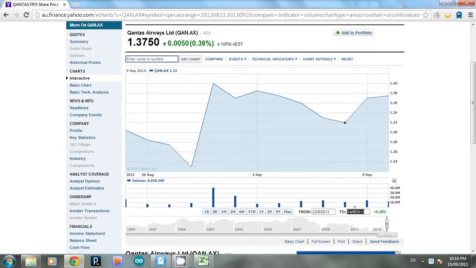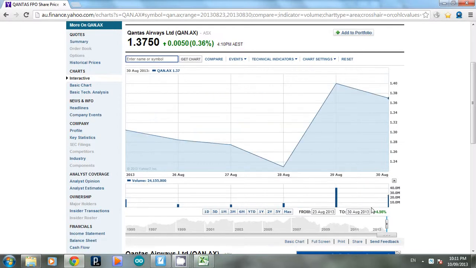So I'm going to assume that I'm buying my shares in Qantas on the same day. So I'm going to start my graph on the 23rd and go up to our end, which was the 30th of August. Okay, so on the 23rd, I would be buying for $1.305, which you can see up the top there.